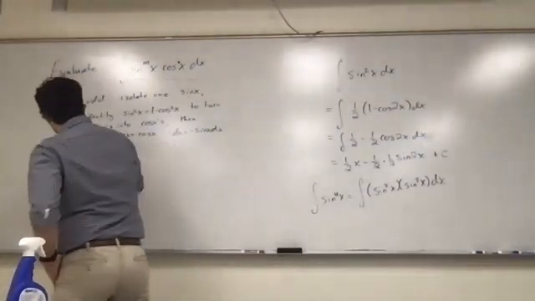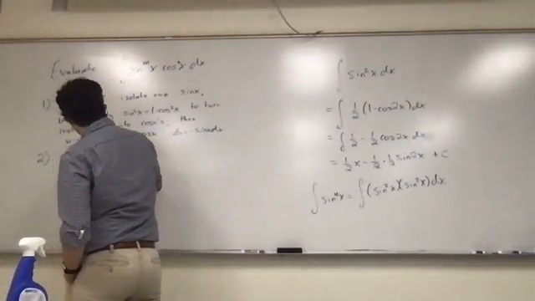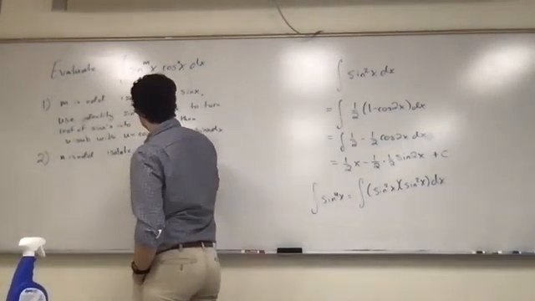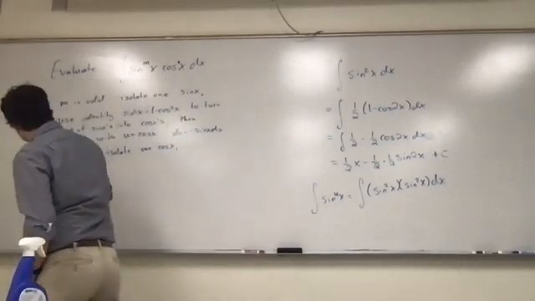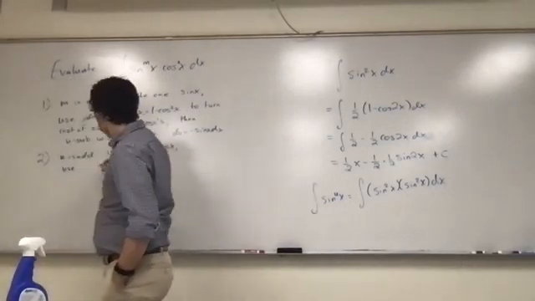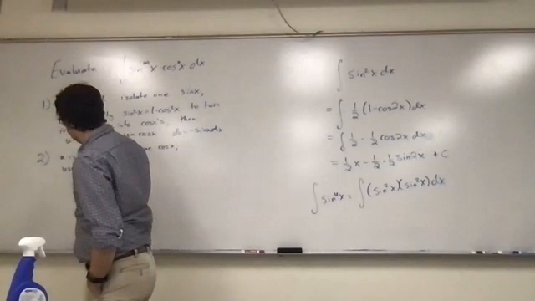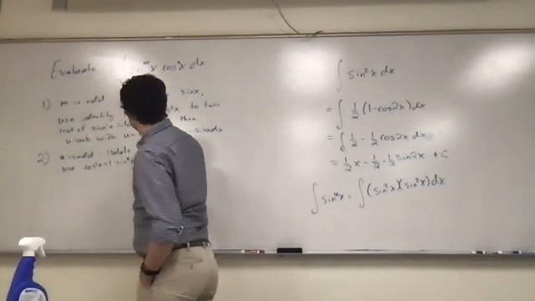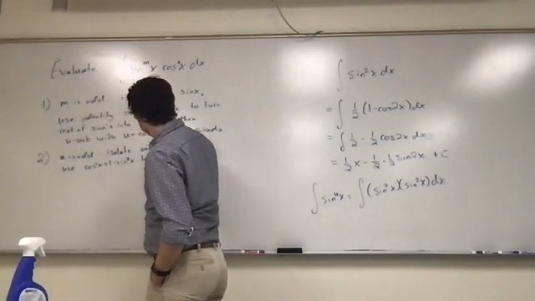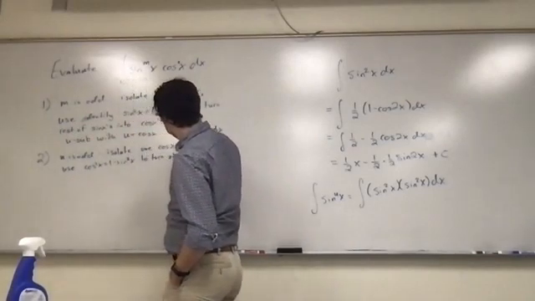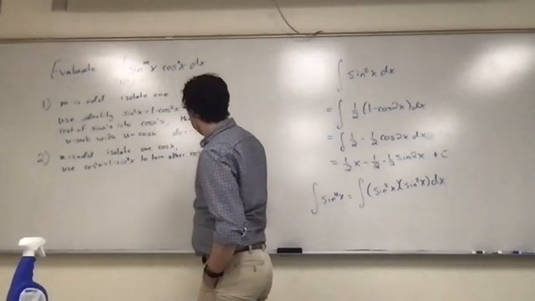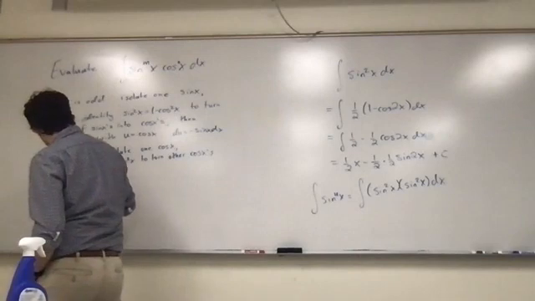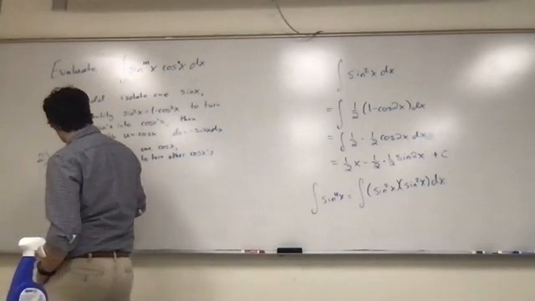You isolate one of those cosines, and use cosine squared x is 1 minus sine squared x to turn the other cosines into sines.